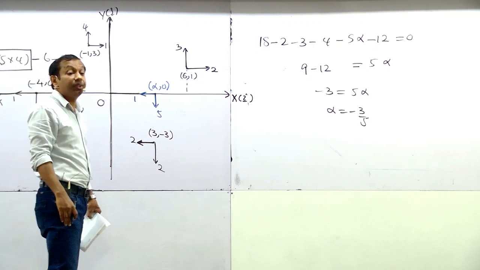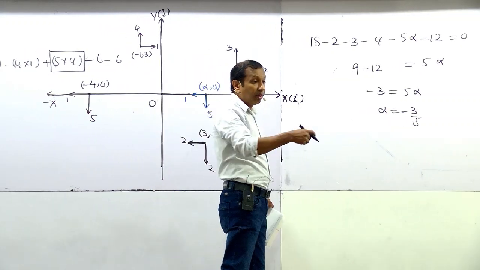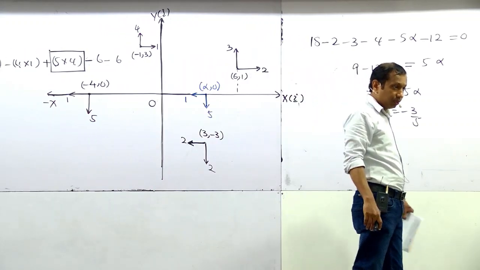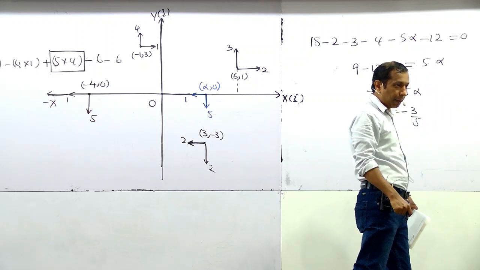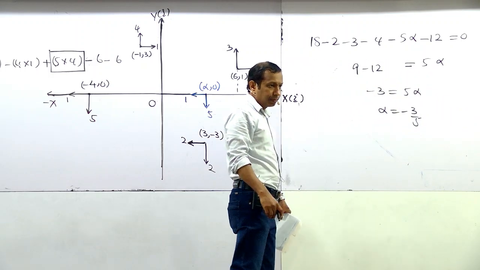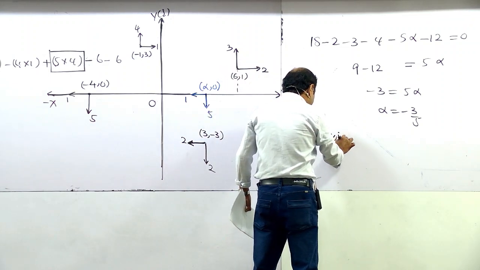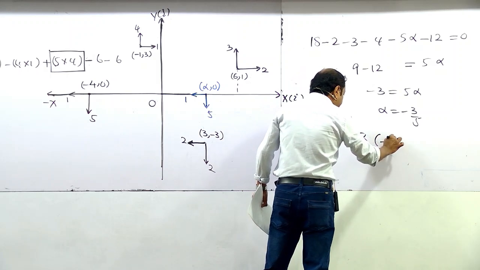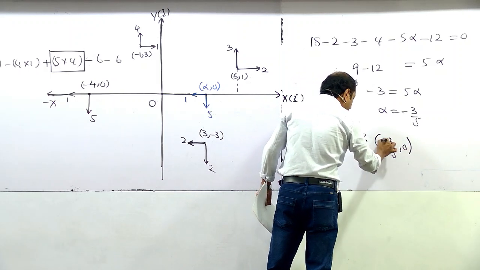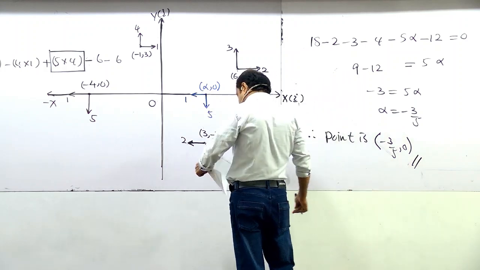Yes, then what is the coordinate? The new point is: x coordinate is minus 3 over 5, y coordinate is 0. Why? It is on the x-axis, no? Yes or no? Yes. Therefore, the point is minus 3 over 5 comma 0.